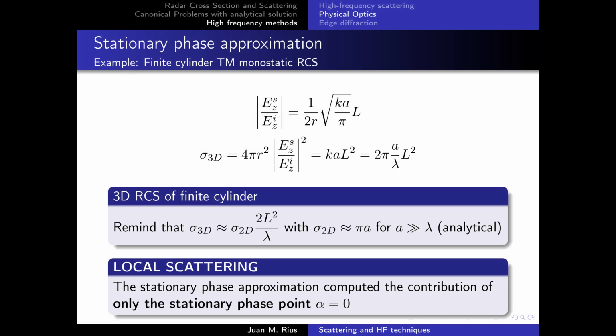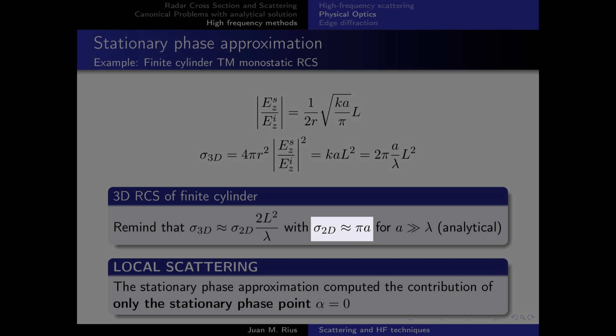And now we remind that for the two-dimensional cylinder, we obtained an analytic result for the RCS valid for any radius of the cylinder compared with lambda. Using the large argument approximation of the Bessel functions in the high frequency region, we obtained that the two-dimensional RCS of the infinite cylinder was pi a for very large radius.